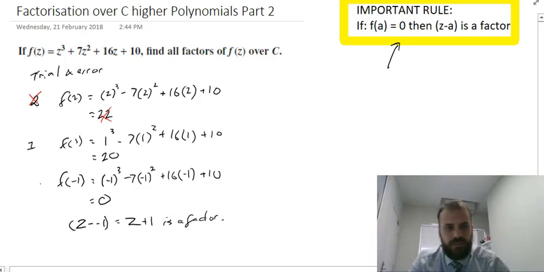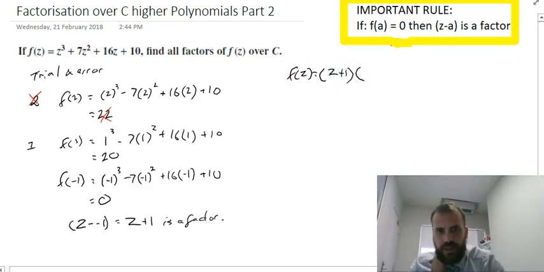Alright, let's keep going. Now if z plus 1 is a factor, that means that f of z is going to be equal to z plus 1 times something, and it's a cubic, right? And I've taken a linear factor out, so the other factor is going to be quadratic.